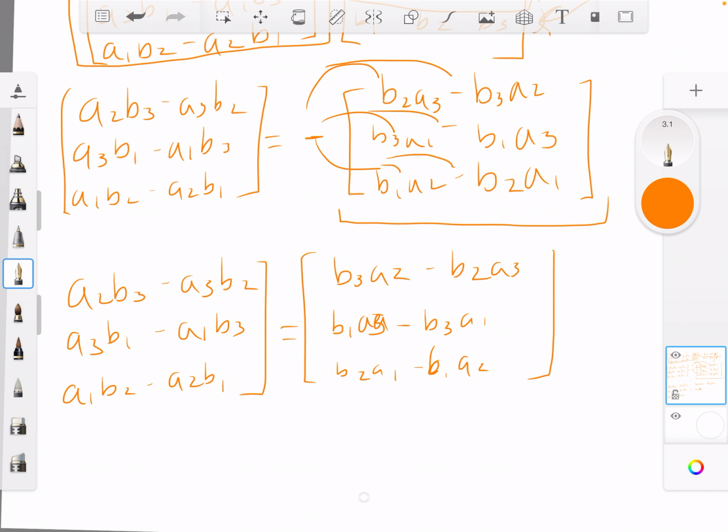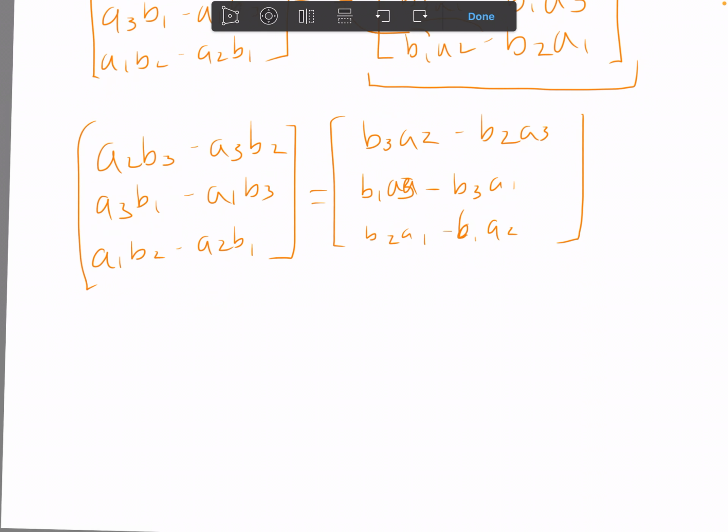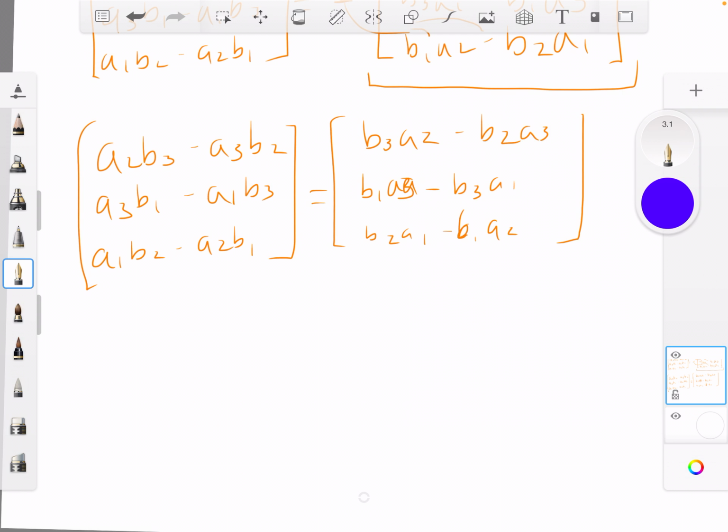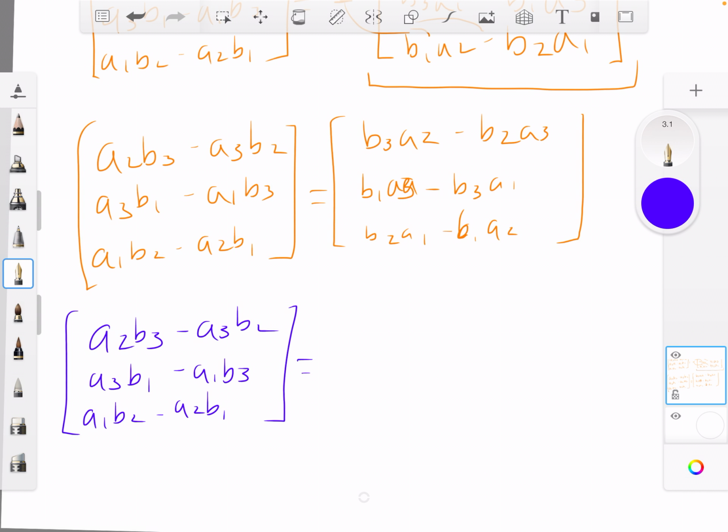And now, just taking a look at this, we remember that the order doesn't matter when you're doing multiplication. So we can pretty much just safely rewrite the right side. So right here, let me just copy this left side down, not changing absolutely anything. And we can say that this is effectively equal to, since the order doesn't matter, B3 times A2 is the same thing as A2 times B3. So let me just rewrite this as that.